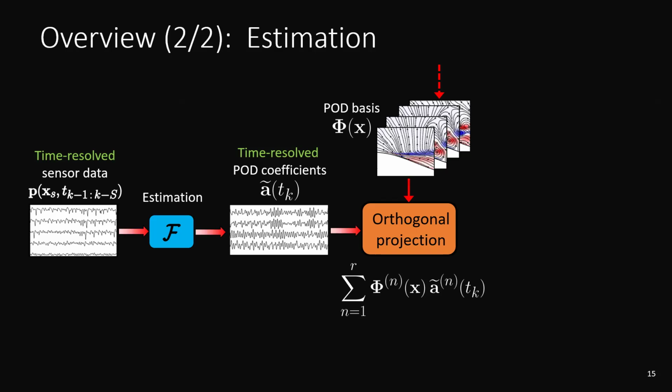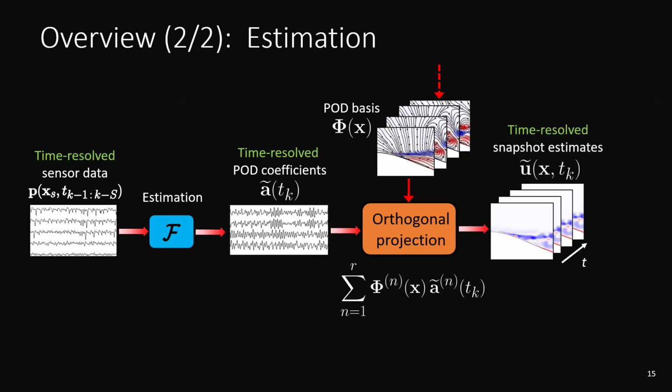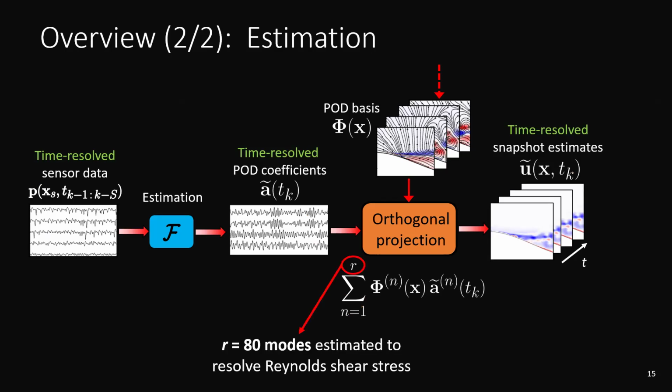We truncate it to some rank R, and we can get our full-dimensional, full-field snapshots, which are time-resolved. Okay, this is the idea. Of course, we truncate it to resolve certain nonlinear features. For those of you familiar with this, I'm trying to resolve the Reynolds shear stresses.